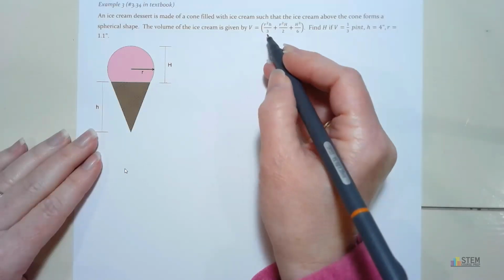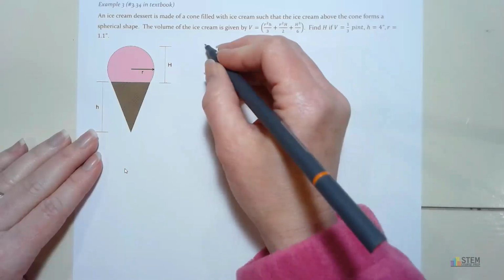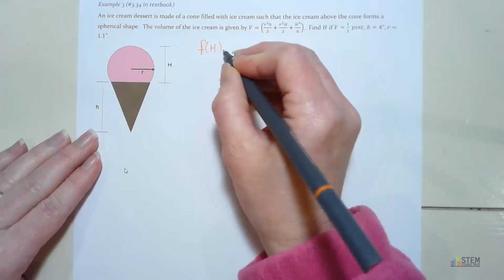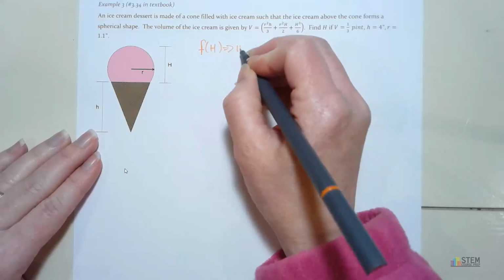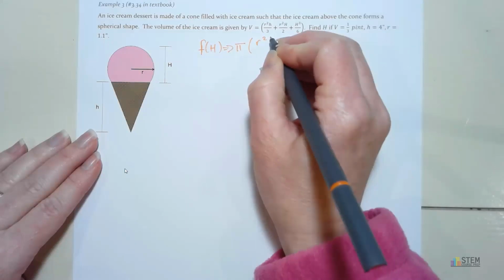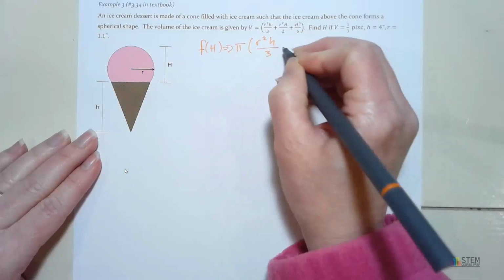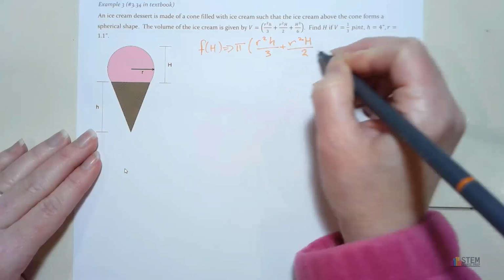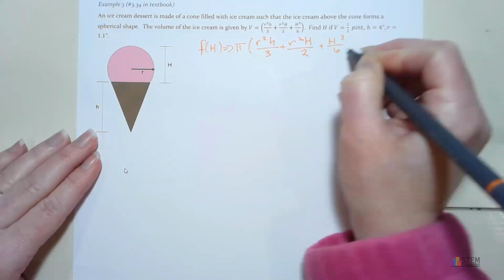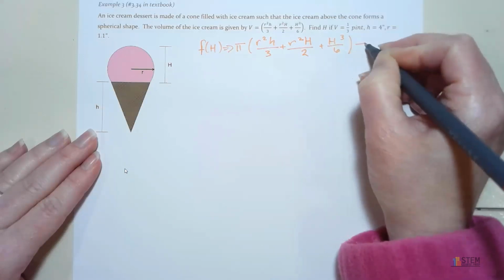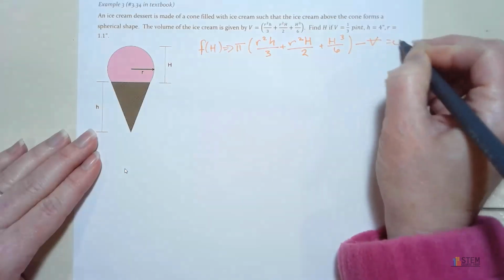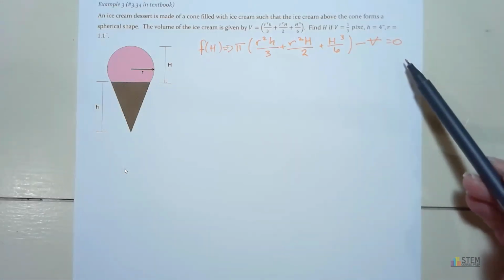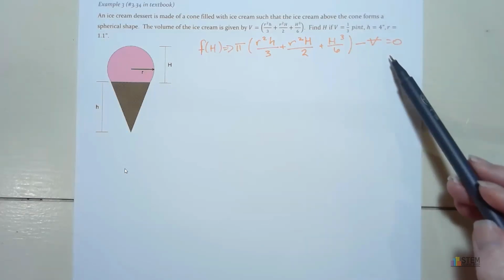So if I bring that over and put everything on one side, I'll have my function of h, and that's going to equal pi times r squared times h over 3 plus r squared times capital H over 2 plus h cubed over 6. And then we're going to subtract that volume, set it equal to 0. Okay? Now this is the right form for Newton's method. Everything is set equal to 0.